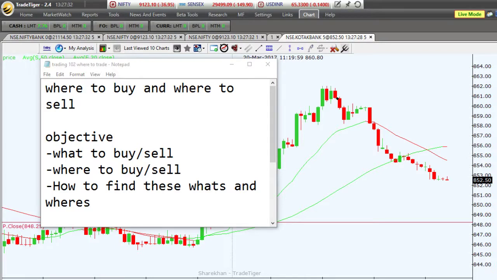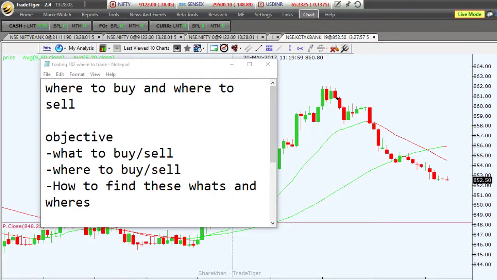How will you determine the locations at which you will buy or sell? What price is acceptable to you when you buy, and what price is acceptable to you when you think you will sell it? So this is the second objective.